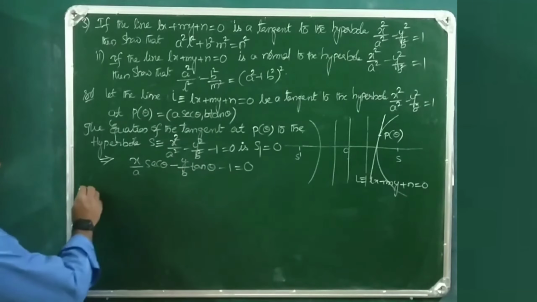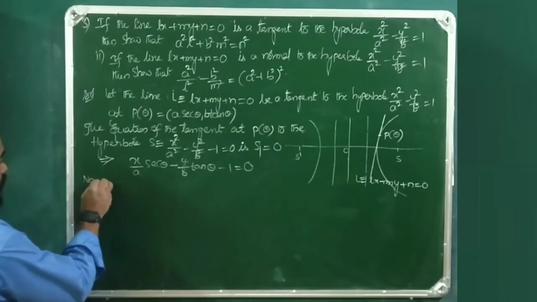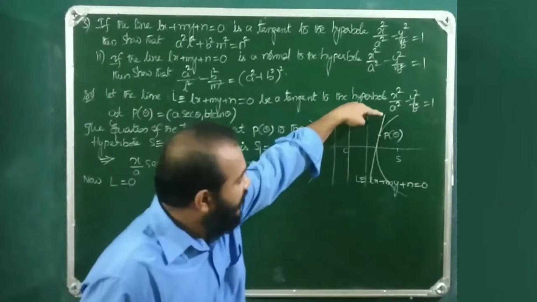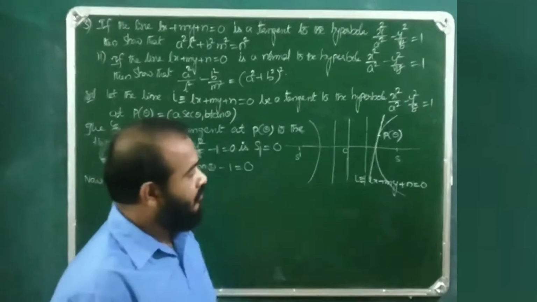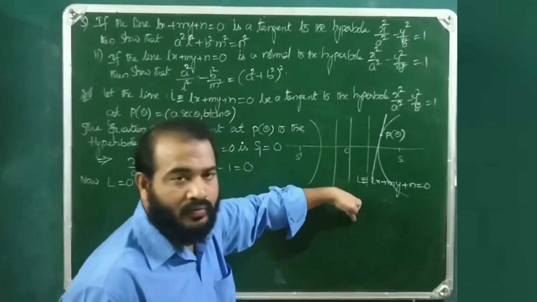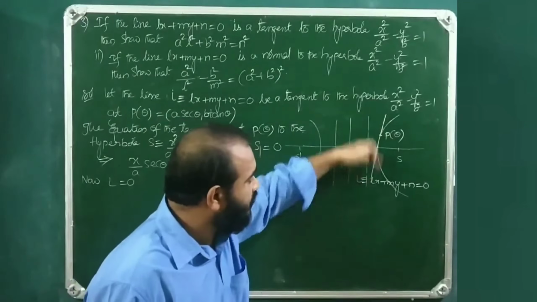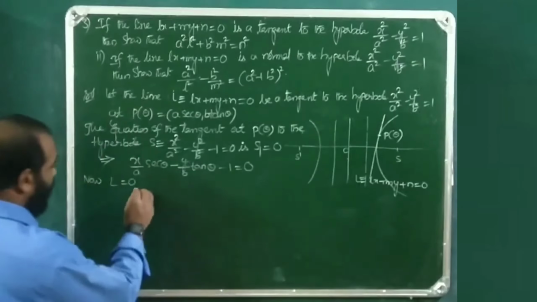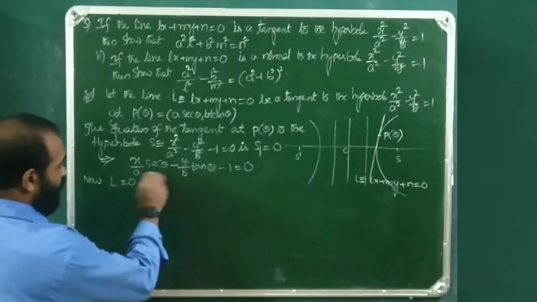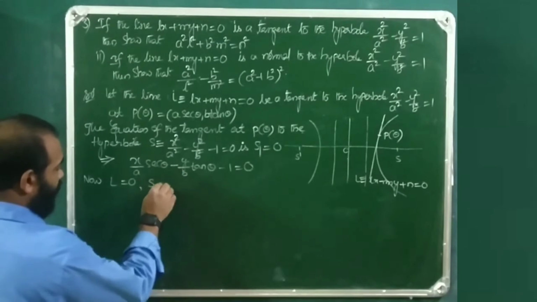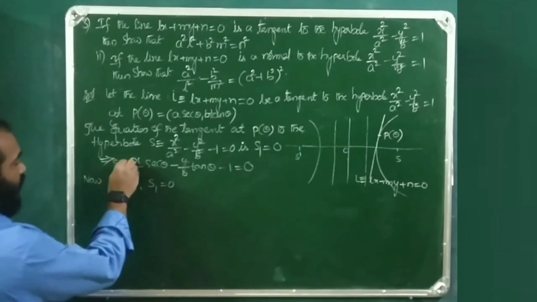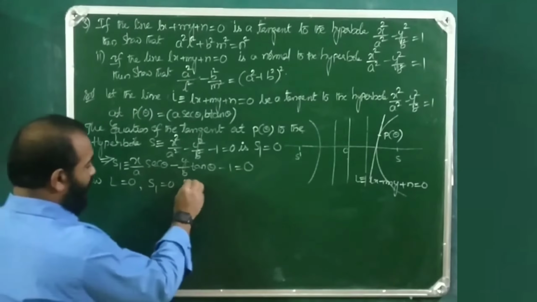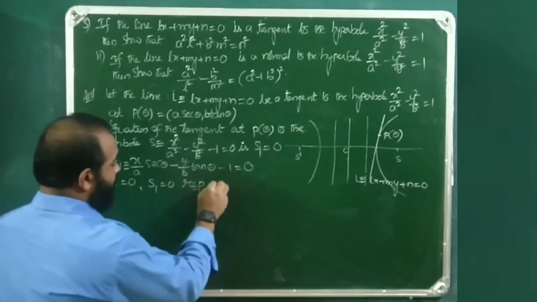So now L equals 0 is this, and S1 equals 0 is the equation of the tangent at P theta. So both L equals 0 and S1 equals 0 represent the same line.